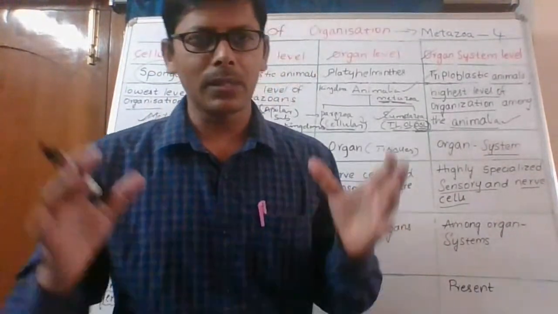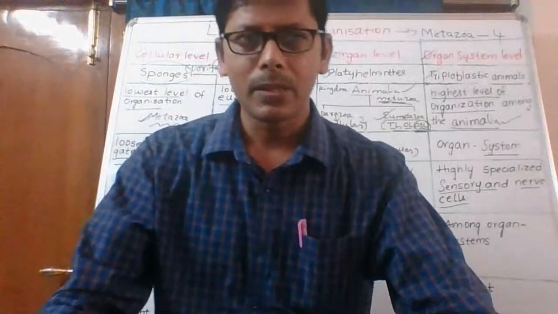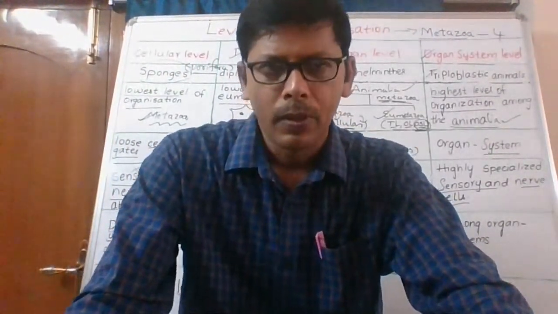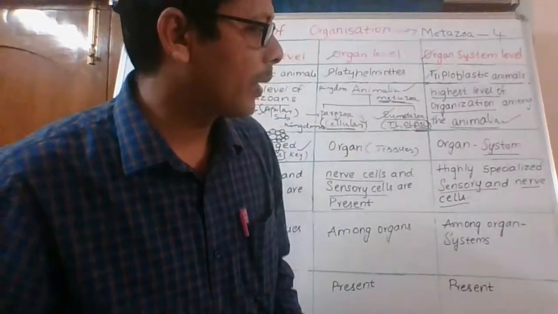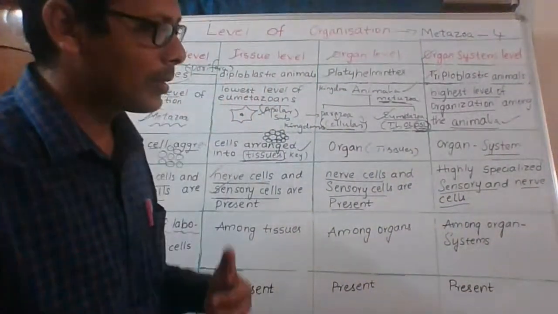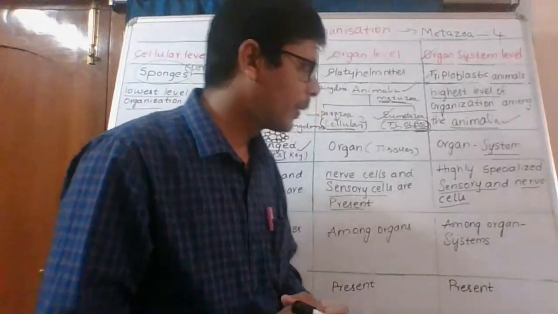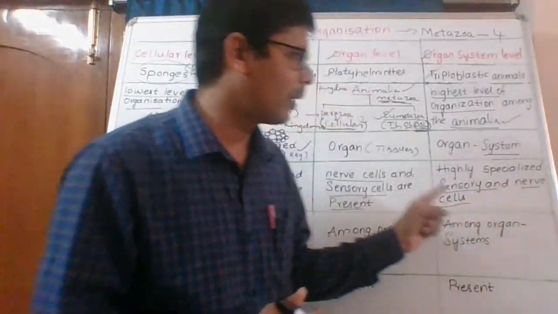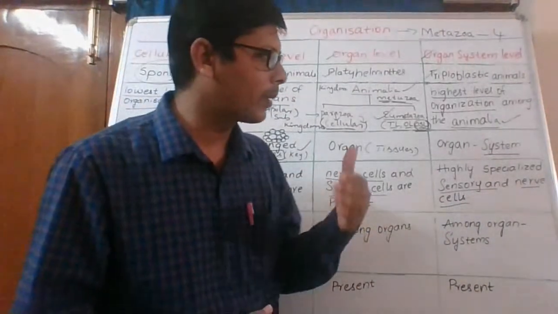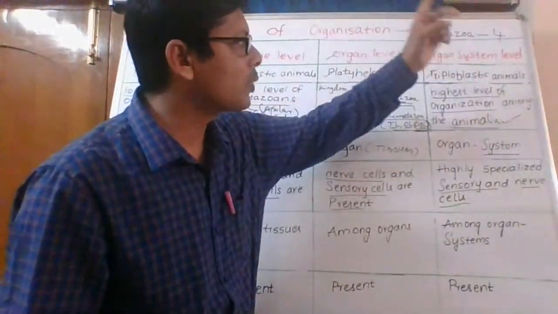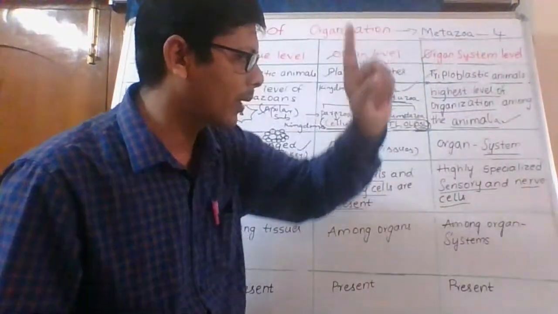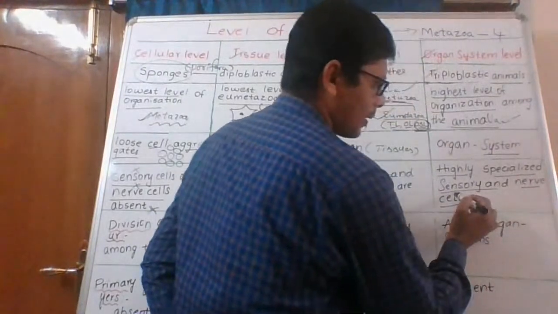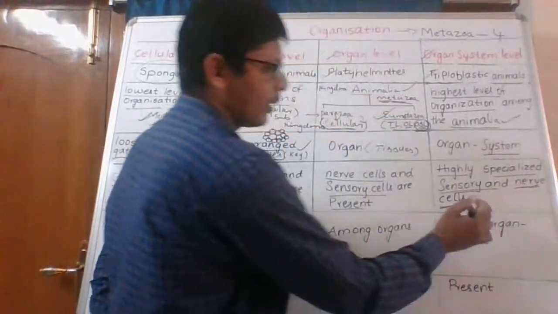In 10th standard you learned sensory neuron and motor neuron, and also sensory nerves, motor nerves and mixed nerves, and interneurons. Neuron is also called a nerve cell, which is the structural and functional unit of the nervous system. Organisms with organ system level of organization have highly specialized sensory and nerve cells.